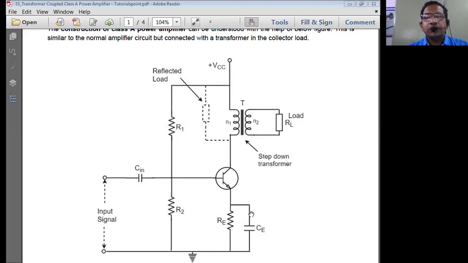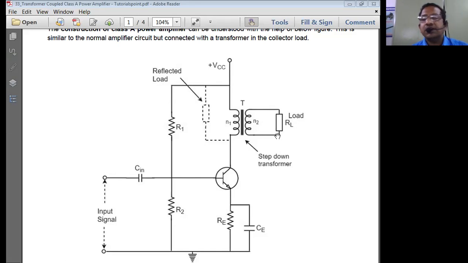Now let us look into the circuit diagram of a class A power amplifier with transformer coupling. In the previous class, we discussed the operation of a similar circuit. The only thing is, instead of a transformer, we had a load resistance, the collector resistance RC, and to this load we connected the loudspeaker circuit.